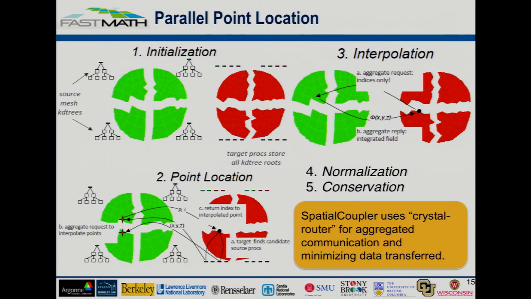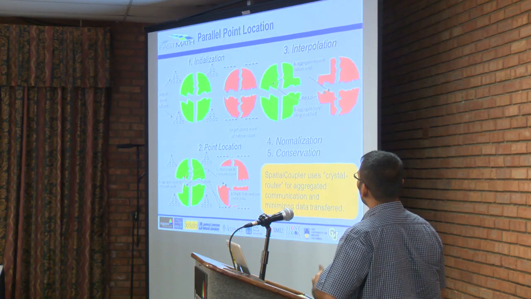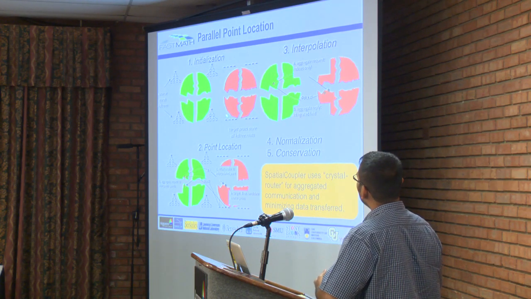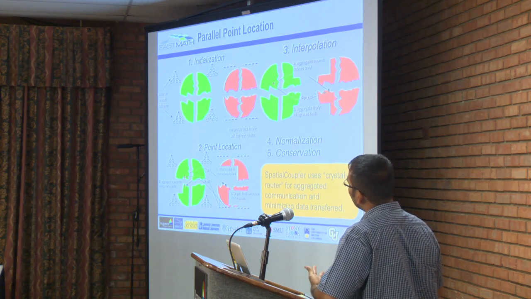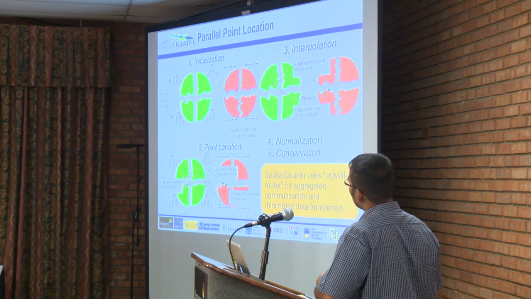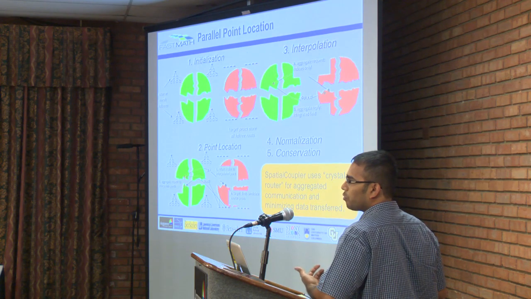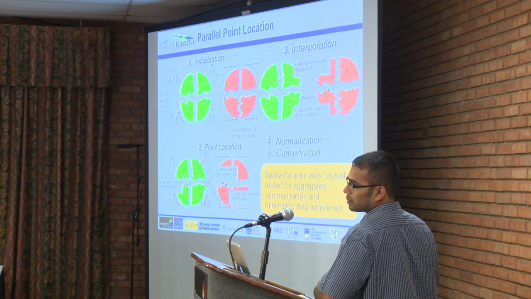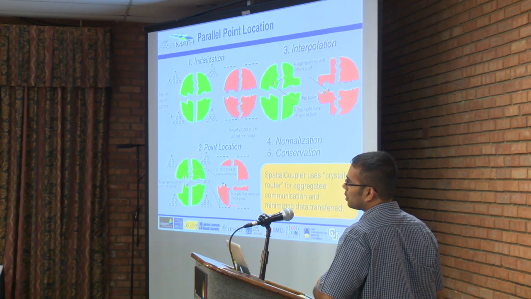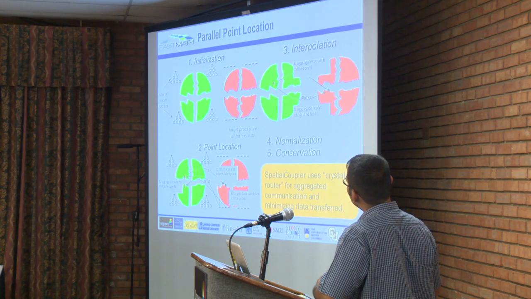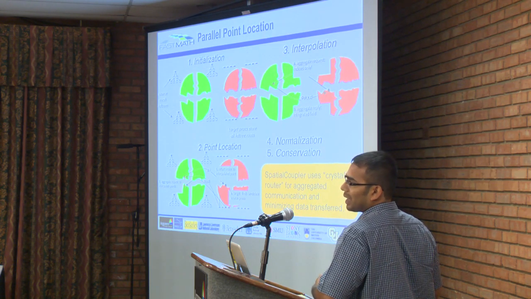The bounding boxes are still sort of coarse; it depends on the resolution of the actual meshes itself. But we construct a KD tree based on the bounding boxes and use that to perform the point location once the query is performed. This is the actual setup phase, and to perform the interpolation, we use the point query information and then use the data that's aggregated to perform the actual interpolation.